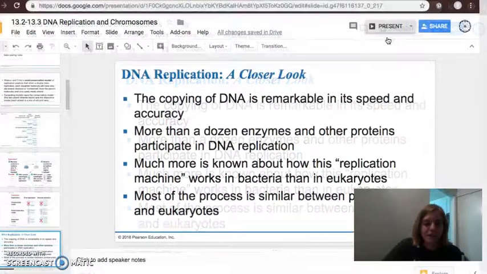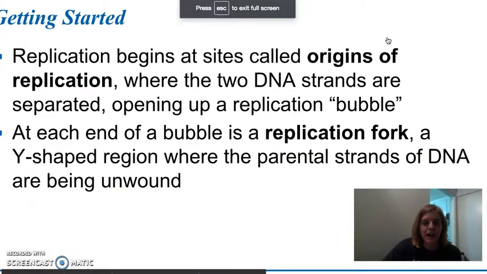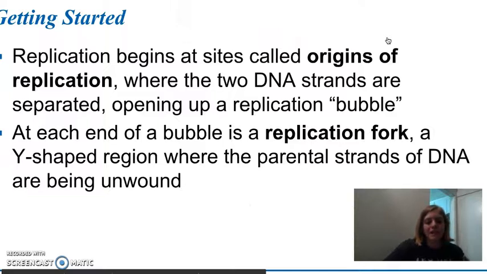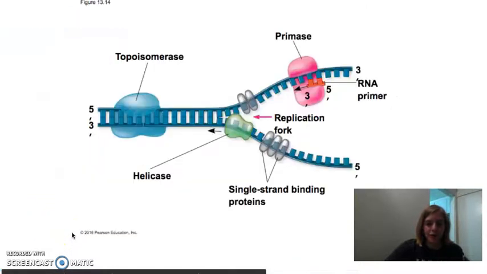If we continue on, you will see that replication begins at certain sites called origins of replication. DNA is a double helix with two strands, and at these sites those strands get separated and form what's known as a replication bubble. At the end of each bubble is a replication fork, the Y-shaped region where the parental strands of DNA are being unwound.